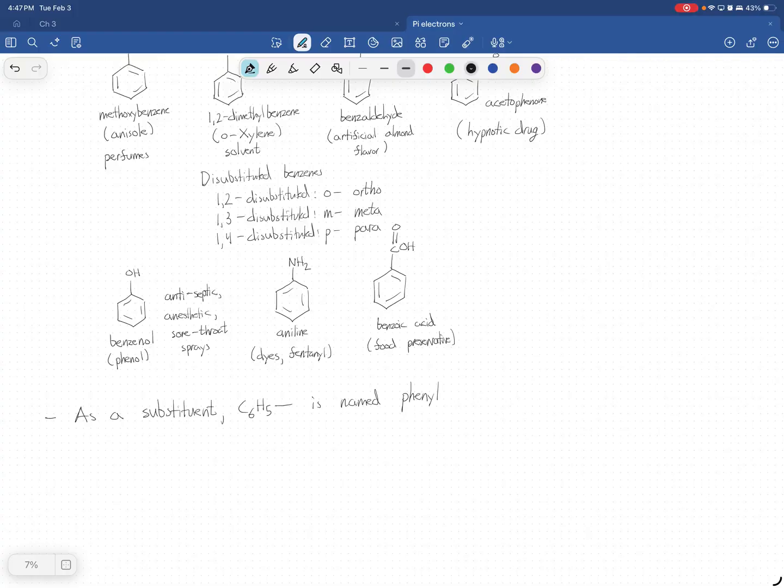So if you have a parent chain, there's a benzene ring on there. As a substituent, you name it as phenyl. It's like phenyl bromide, bromobenzene. All right. So as a substituent, it's phenyl.